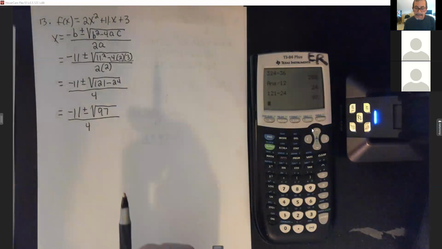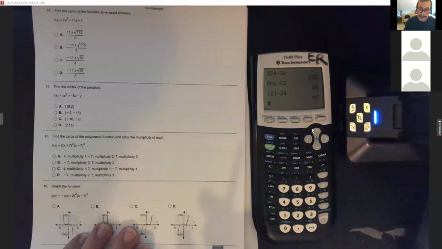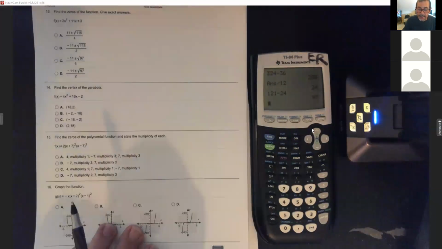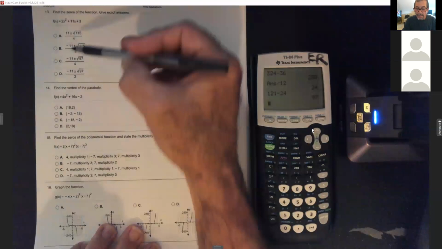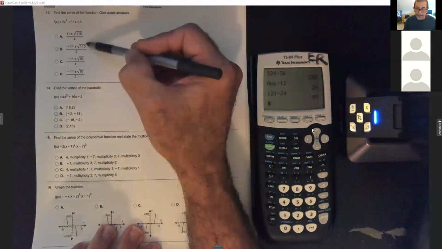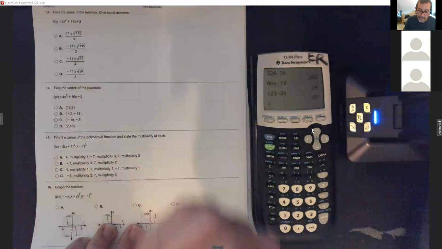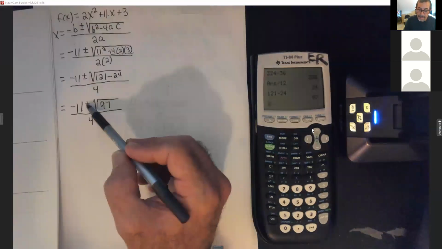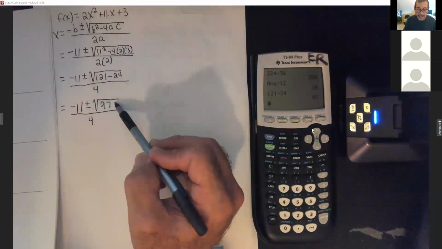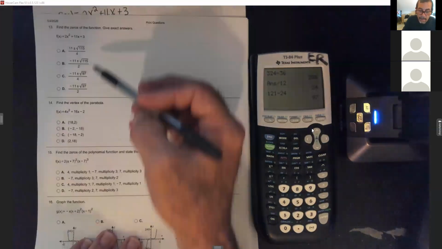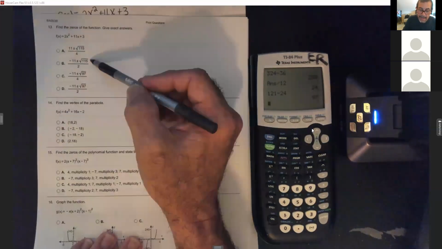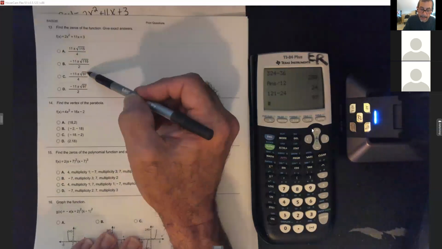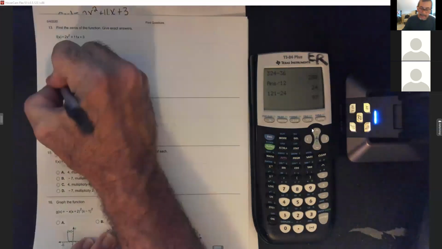But look at this. You got 4 answers here. And it looks like you're either going to have a 97 under there or a 115. And mine has a 97, so I need the one that says negative 11 plus or minus square root of 97 over 4. So we want negative 11 plus or minus square root of 97 over 4, which would have been C.